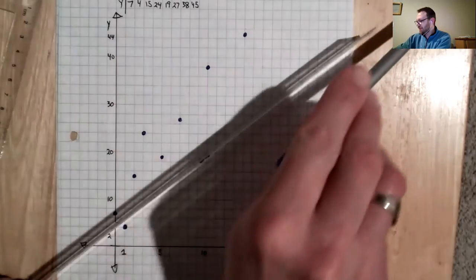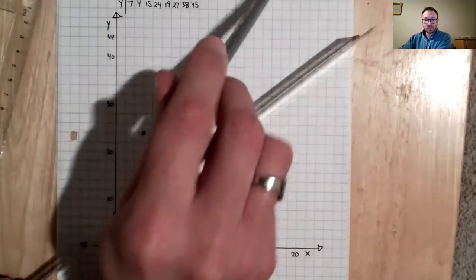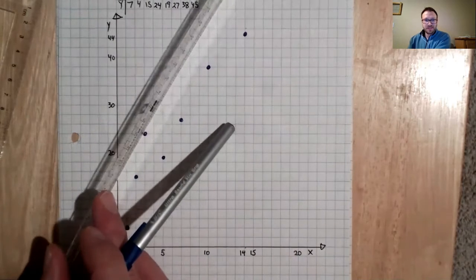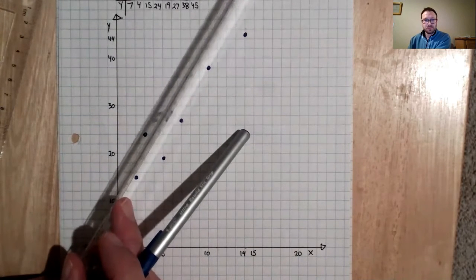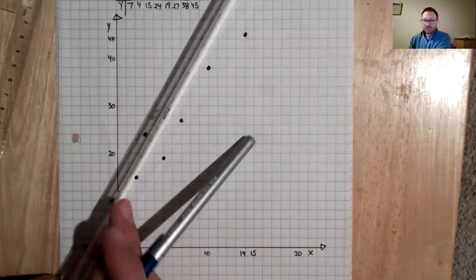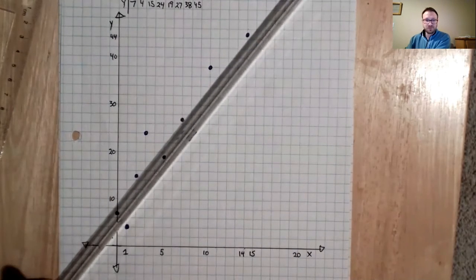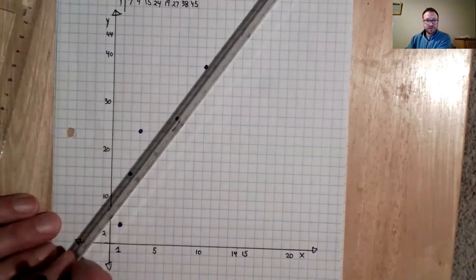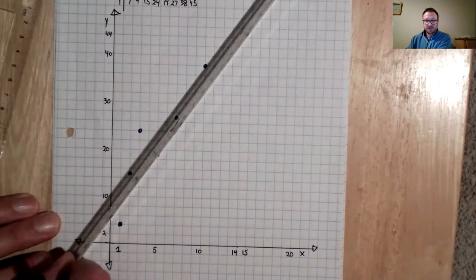Because now it's going this way, but these points are going a little bit taller. If I go here, that maybe is too steep. You're wanting to just get a feel for where this goes. It's going to be something like in here, right?